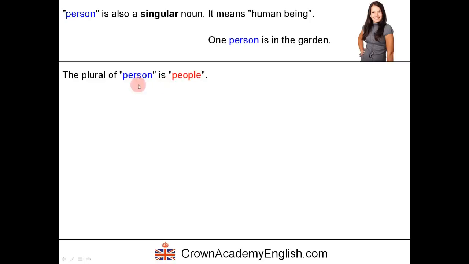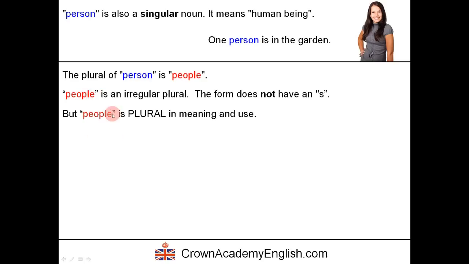So the plural is people, P-E-O-P-L-E. Without an S. There's no S here. But this is the plural form of this. So people is an irregular plural. It's the irregular plural of person. The form does not have an S at the end.